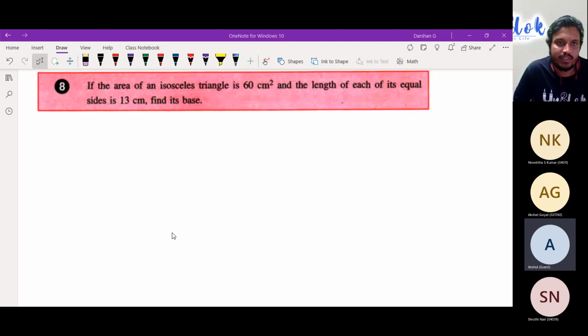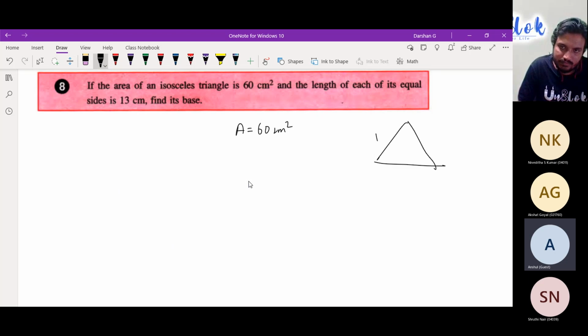Anyone who can get this one? Area is given, 60 centimeter square, and they're telling length of its equal sides. Equal sides they're telling. This is 13 and this is 13.